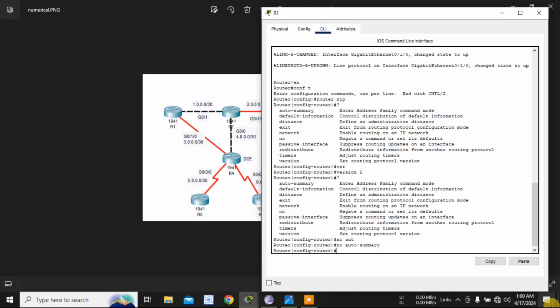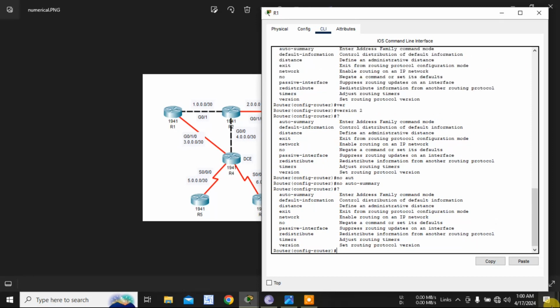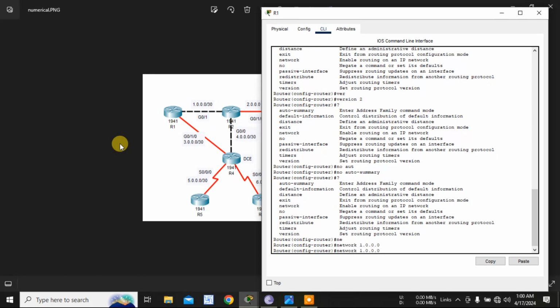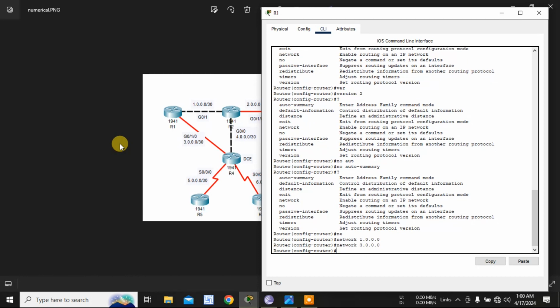After no auto-summary, I will provide network. Which network is connected? 1.0.0.0. This is the network connected, and the next network connected is network number 3. This is done for router number 1.